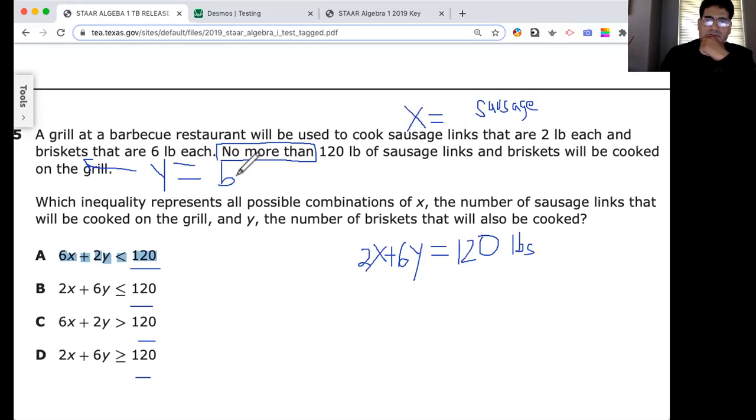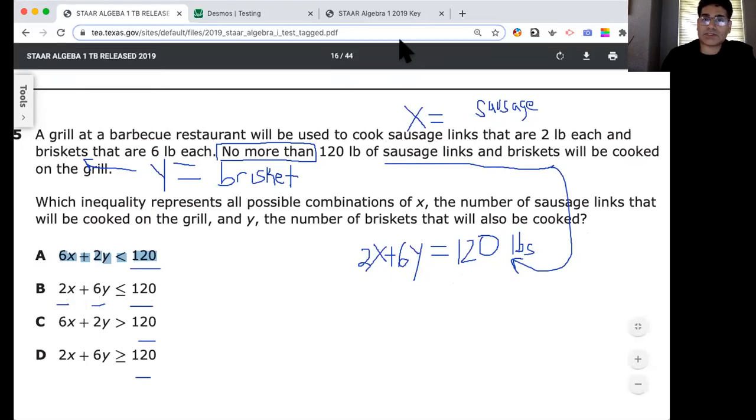Briskets and sausage total will be no more than 120 pounds. So 2 times the number of sausages plus 6 times the number of briskets will give us 120 pounds of meat.